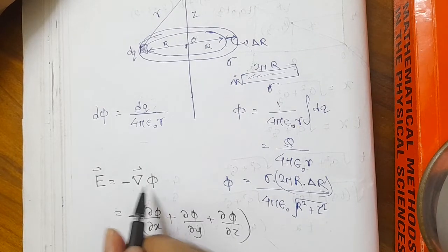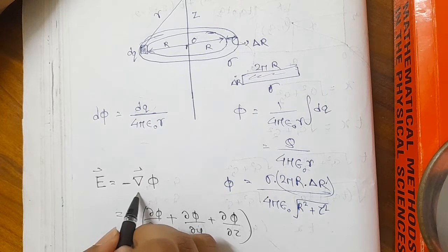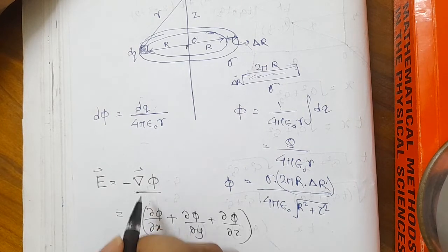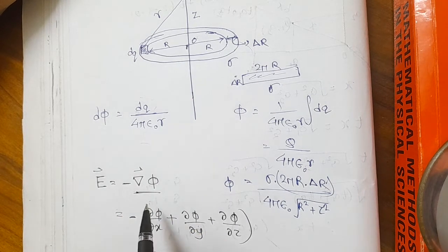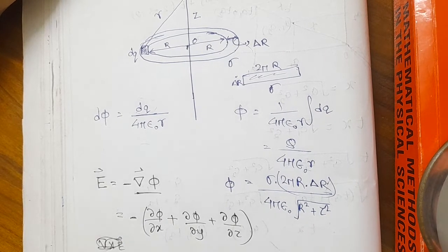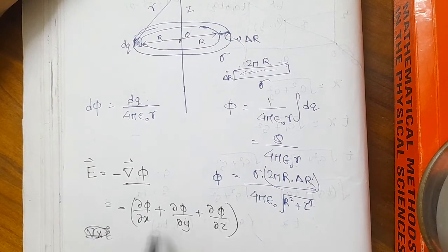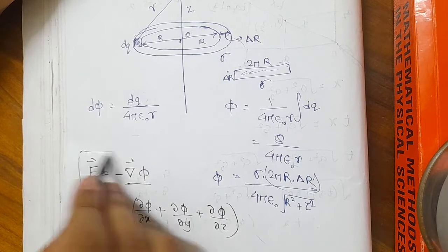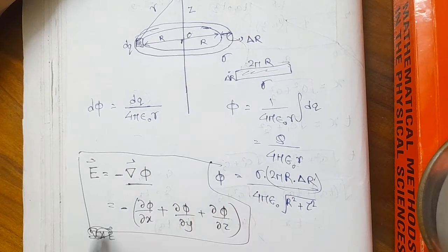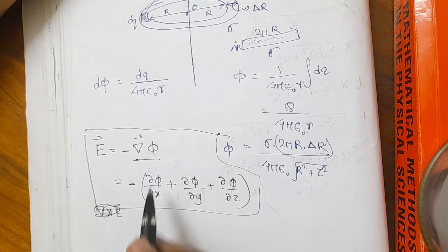Here phi is a scalar and this is an operator known as the grad operator. E is known as the gradient of phi. Leave the curl of the electric field, no need, you may get confused. So the short concept here is that the electric field is the negative gradient of the potential.